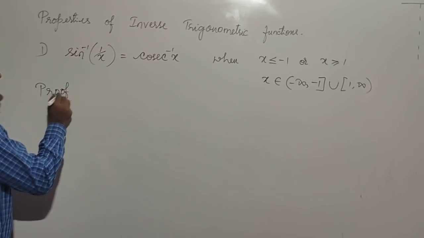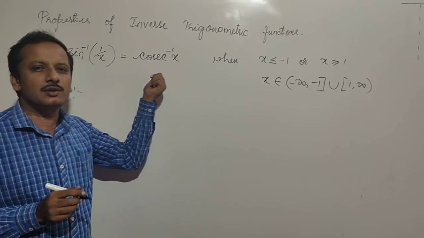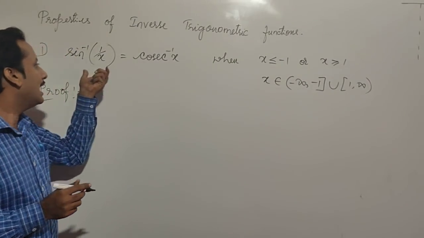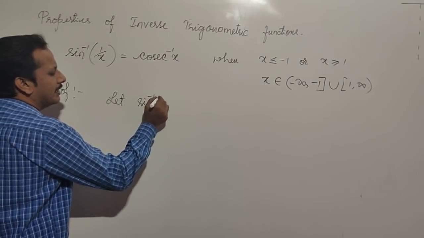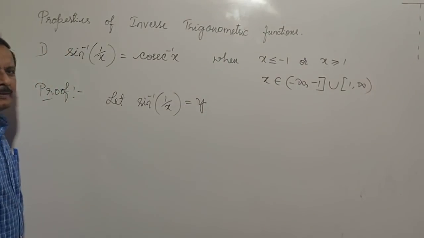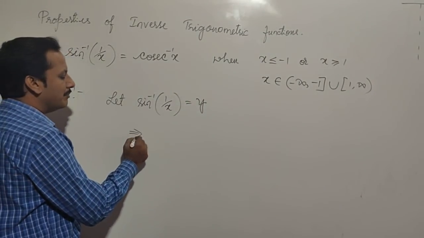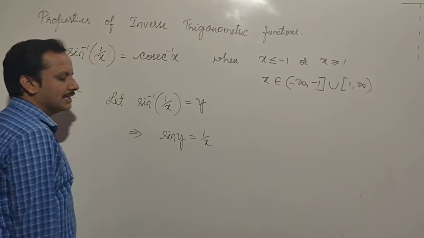Proof. We have to show that sine inverse of 1 by x is equal to cosecant inverse x. I will start with the sine inverse of 1 by x. Let sine inverse of 1 by x be equal to y. By definition, this will imply that sin y is equal to 1 by x.